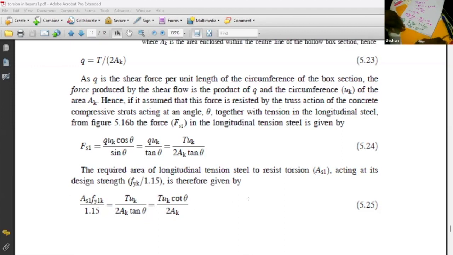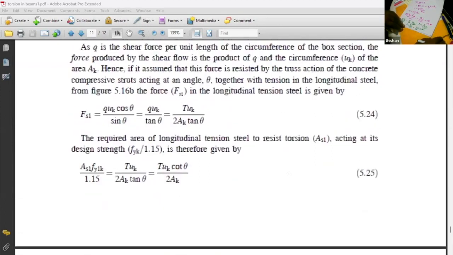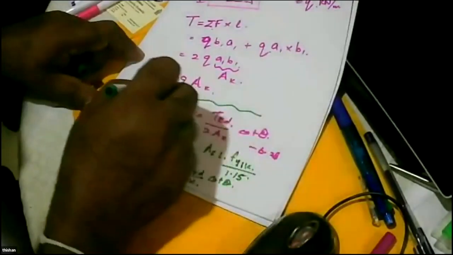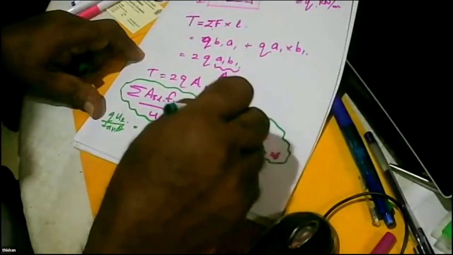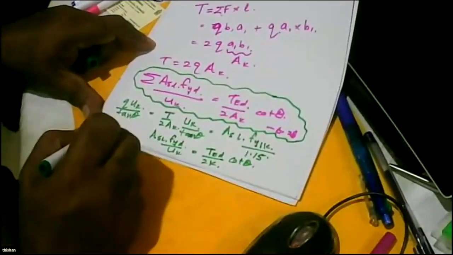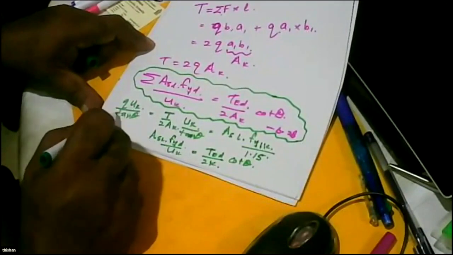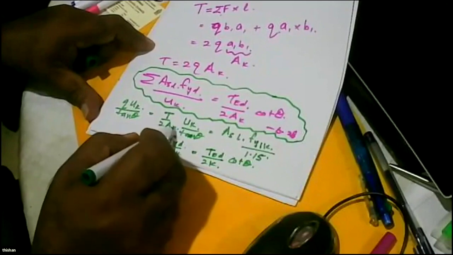I'm just going to show you the code equation. I'll stop sharing. This is the code equation. I copied the equation given in the code, equation 6.28, and the horizontal component is q uk over tan theta, and q is T over 2Ak.